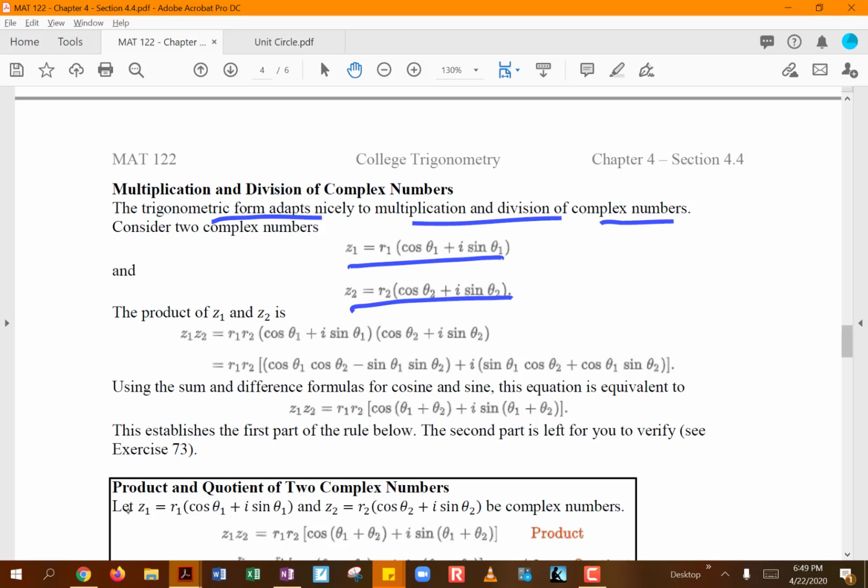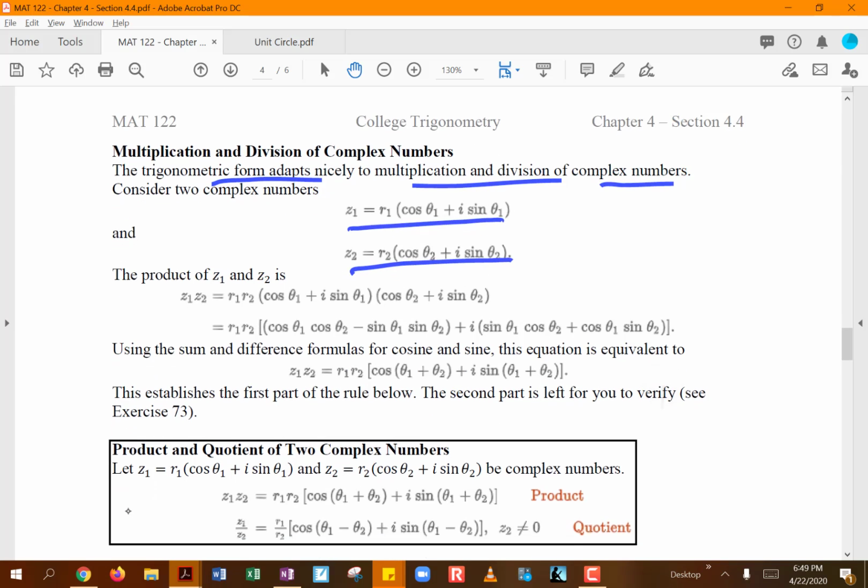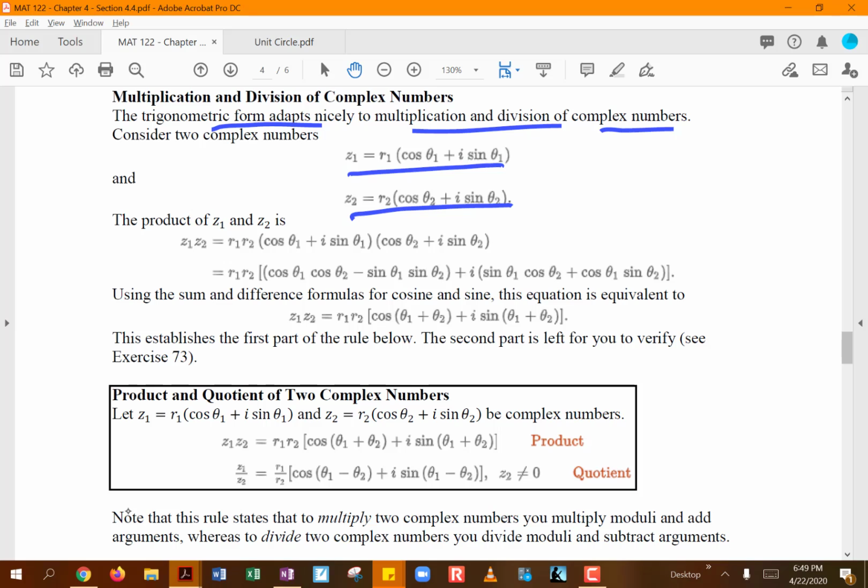So z1 is r1 times cosine theta 1 plus i sine theta 1, and z2 of course will be r2 cosine theta 2 plus i sine theta 2. So when you are multiplying, what happens is you end up multiplying the moduli, which is the r1 and the r2. So multiply the moduli together, and then you are basically going to multiply the parentheses parts together.